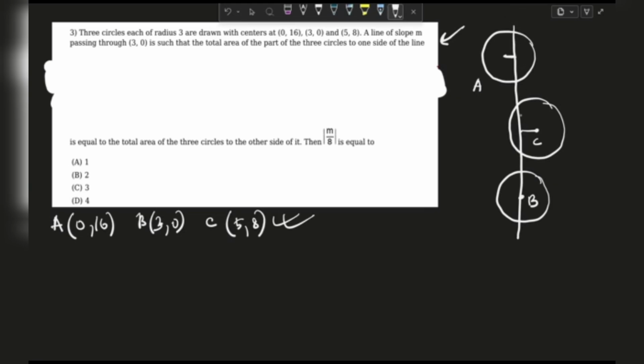And if you read on some properties of circles, you will understand that if we take a line joining, say, AC like this, and the line AC intersects this particular line at this point, then this point becomes the midpoint of AC. If we take it to be some point M, then M is the midpoint of AC.